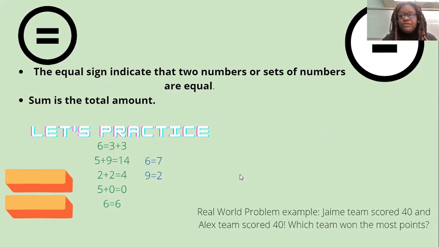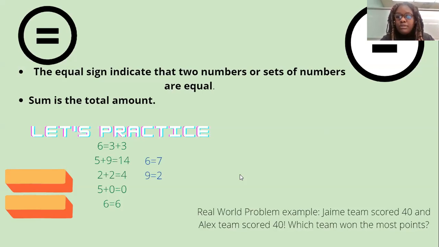Once we have those 2 sets of blocks, we will then count the total of blocks in each group to see if that equals each other. So you will get 6 blue blocks, 3 red blocks, and another 3 red blocks. You will count each red block, you will count each blue block.